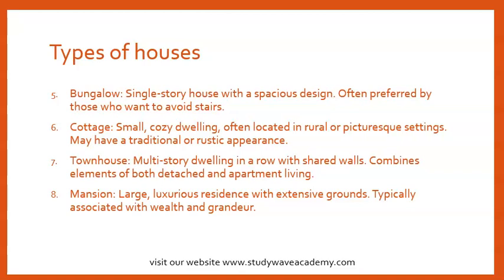We also have townhouse, multi-story dwelling in a row with shared walls. Combines elements of both detached and apartment living. So the townhouse is row of houses connected in a line. Okay? Then we have mansion.